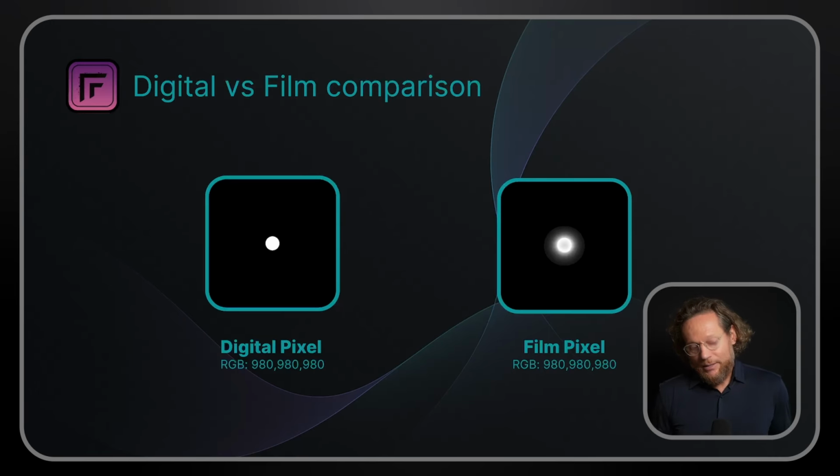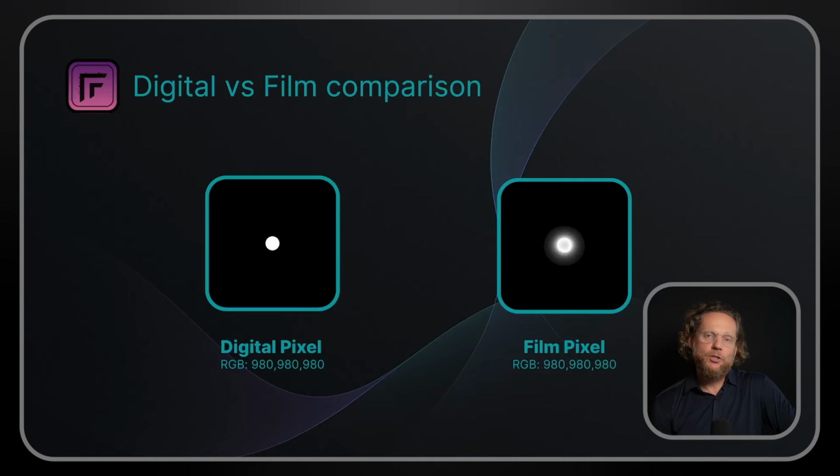Basically, the pixel, being the smallest denominator of a digital image, is a triplet of RGB. And if we were to hypothetically take a pixel of a digital camera, transfer that pixel onto film and then look at it back, we would be able to get these pixels to match perfectly when it comes to the RGB value.